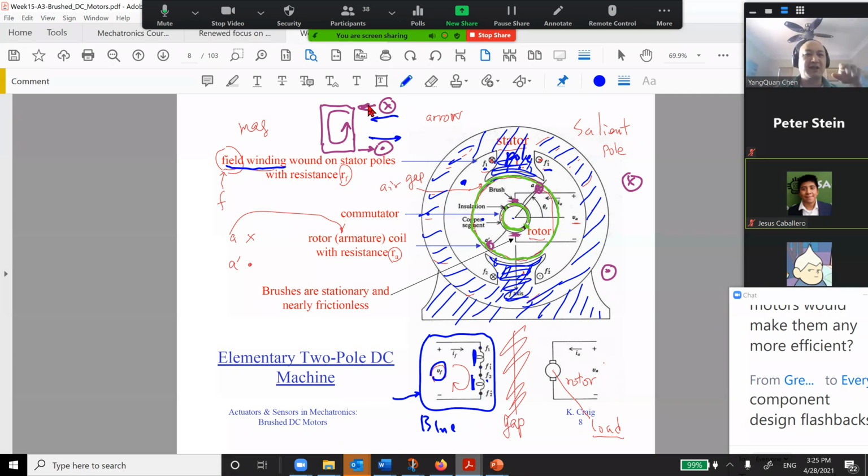On the other hand, if I have a shaft connected to this coil and make the coil move, the coil will generate electricity, turning mechanical energy into electrical energy. So this is called a machine. This machine can be either a motor or a generator.